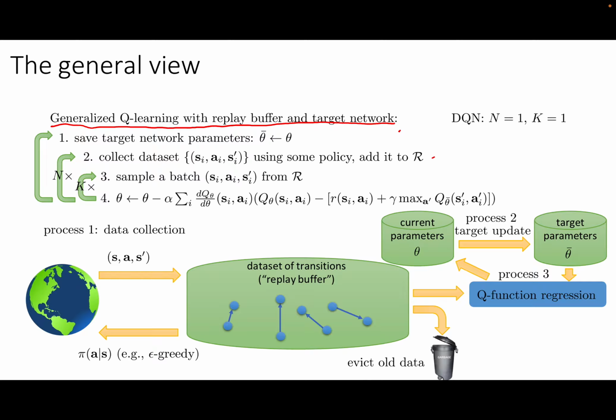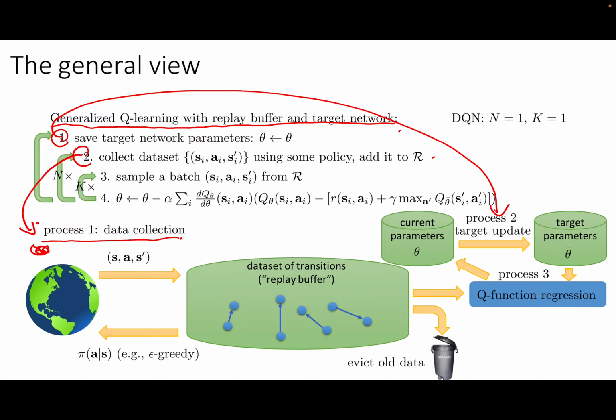And there are a couple of things: process one is data collection, which is the second step, this one, right? Data collection. And then process two, target update. Target update is from this one, right? And process three is Q function regression, from here, right?